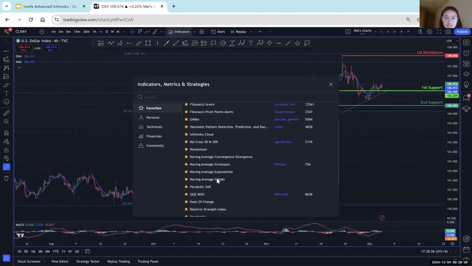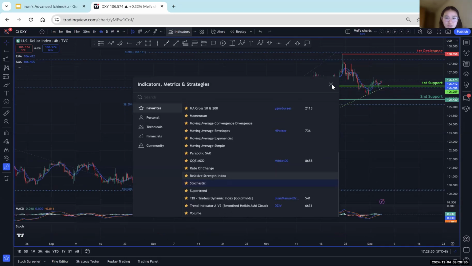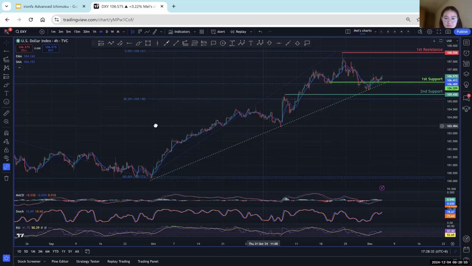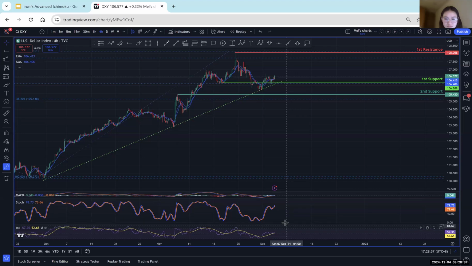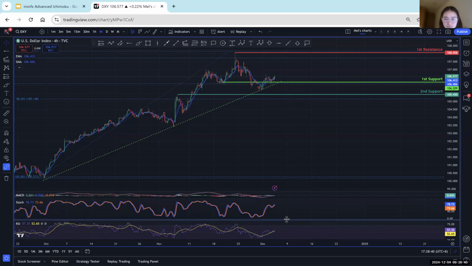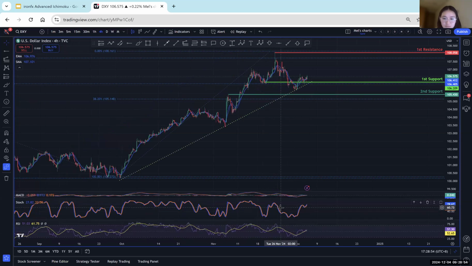Let's maybe look at our RSI and stochastic as well. They're not really telling us much, but we can see our indicators giving us a bullish signal as they're moving upwards, kind of into that oversold region.